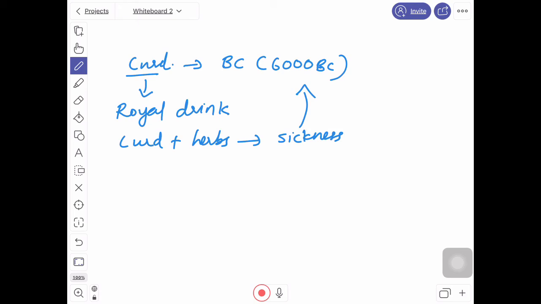Since time immemorial, the liquid part of curd has been administered to the sick for treatment of various ailments.